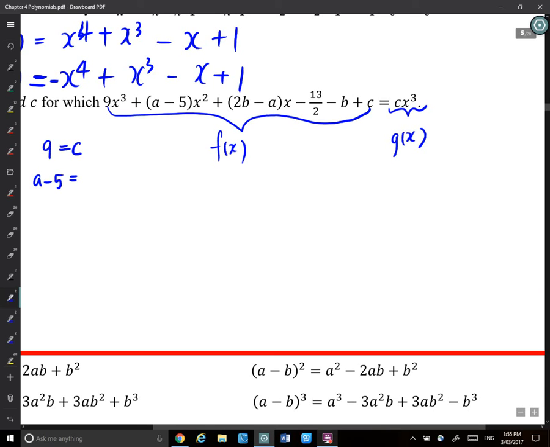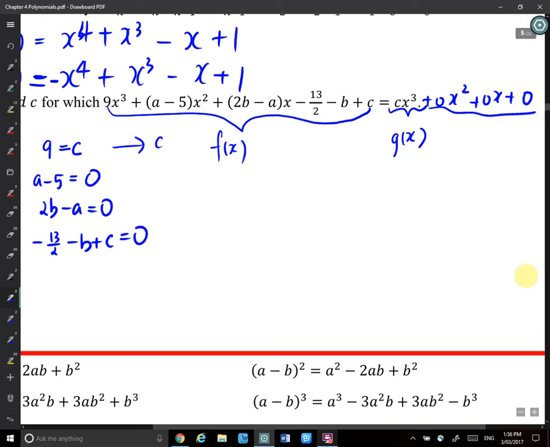There's no x term, so that is 0. There's plus 0x squared plus 0x plus 0. They're all zeros. So a minus 5 must be 0, 2b minus a must be 0, then minus 13 over 2 plus minus b plus c must be 0 again.